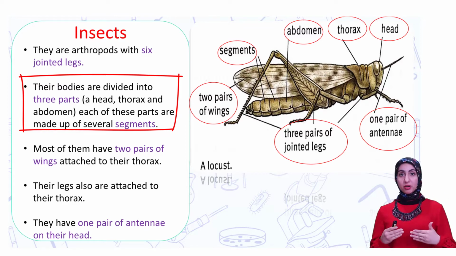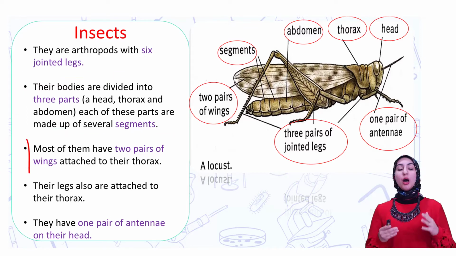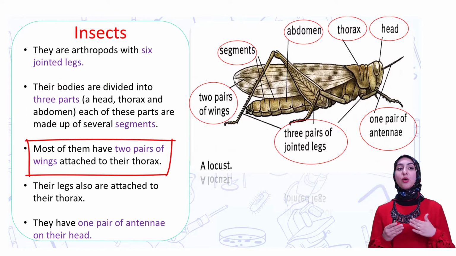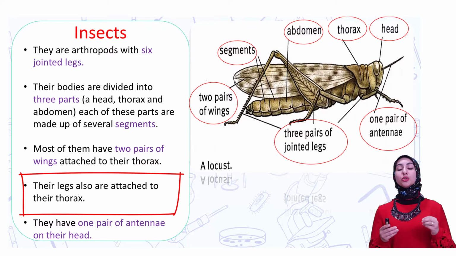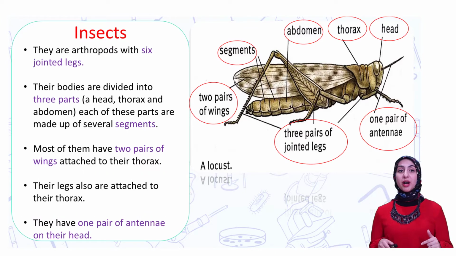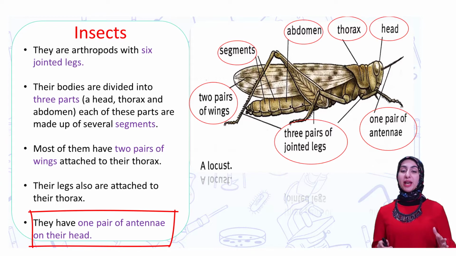Each of these parts is made up of several segments. Number 3, most of them have 2 pairs of wings attached to their thorax. Number 4, their legs also are attached to their thorax.